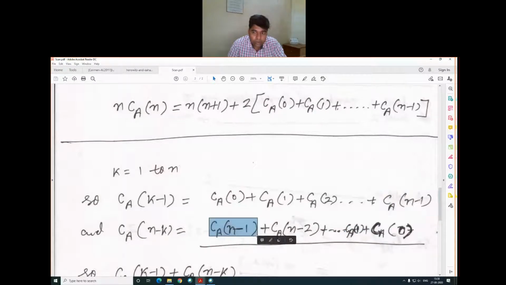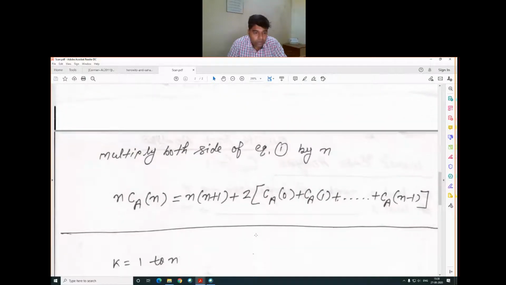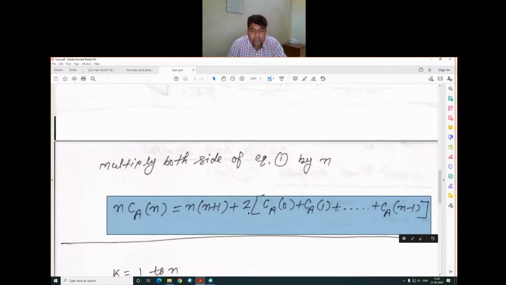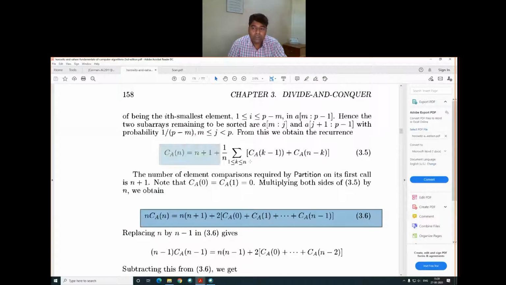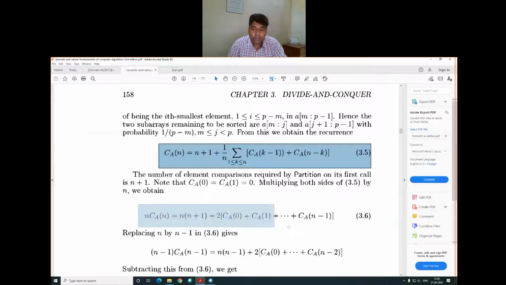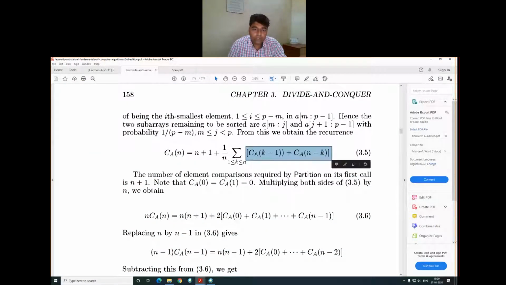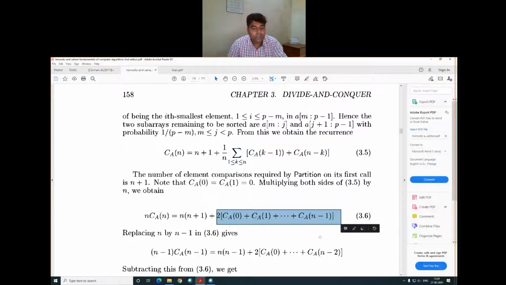So due to this reason, when we open this equation, we'll get n plus 1 times, 2 times the sum of C of a 0 plus C of a 1 plus up to C of a n minus 1. I think it is clear now how this equation becomes this one, because the whole equation we have seen in my notes is equal to 2 times C of a 0 plus C of a 1 plus up to C of a n minus 1.